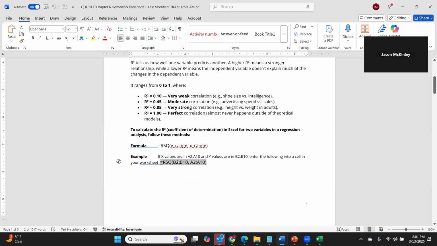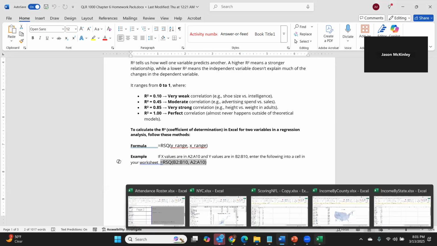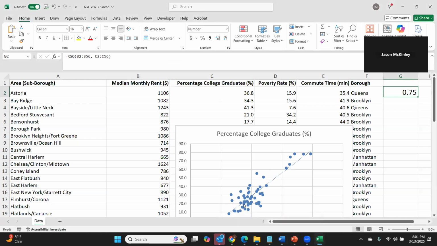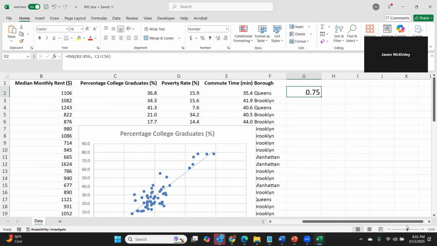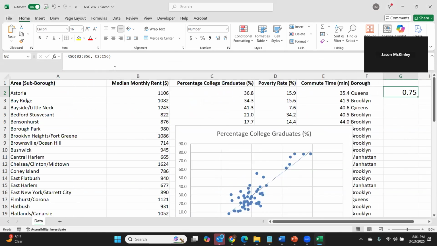So here it is. If your data was B2 to B10 and A2 to A10 for your two variables, you just type in equals RSQ, or you can select your data. I've done this in Excel. And if I go into New York City, so again, we looked at this percent of graduates versus either median rent or poverty rate. So I just went in here, and if you can see here, I've highlighted this 0.75. The formula behind that is up here.